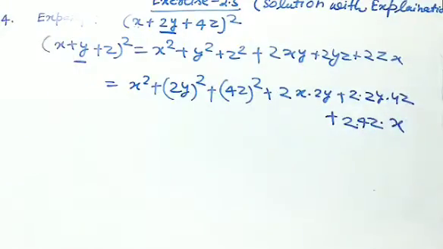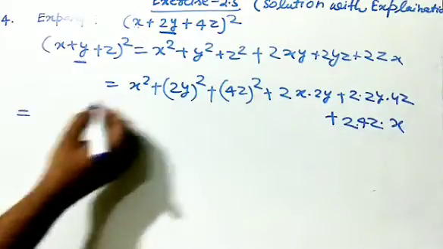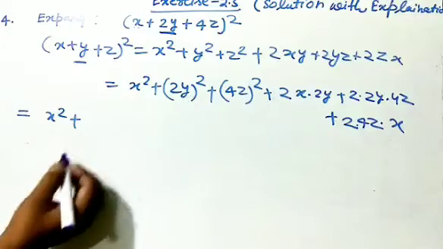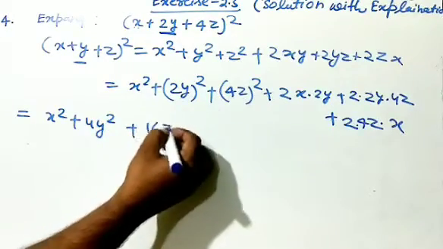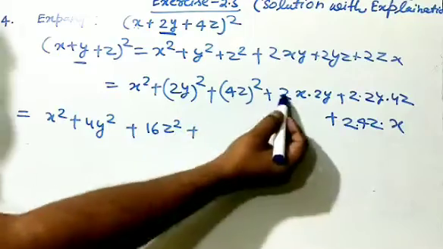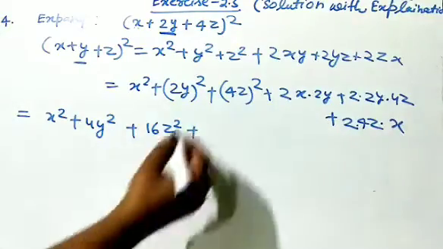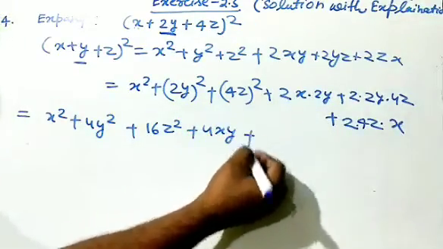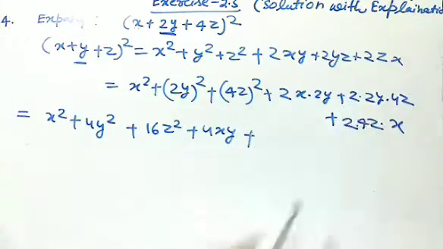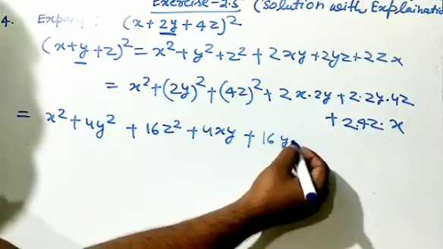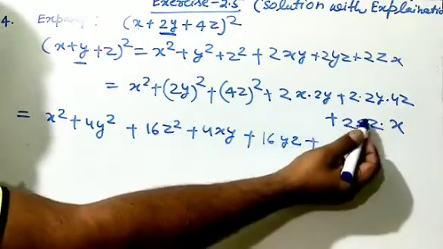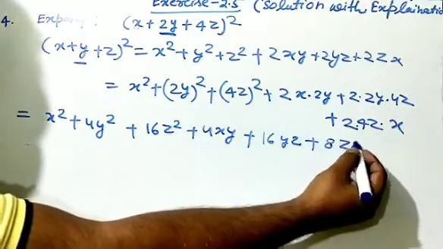So x square, the square of 2y is 4y square, the square of 4z is 16z square, plus 2 multiplied by 2, 4xy, plus 2 multiplied by 2, 4, and 4 multiplied by 4, 16yz, plus 2 multiplied by 4, 8zx.